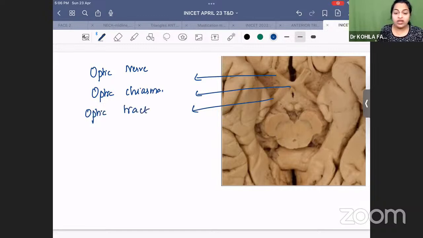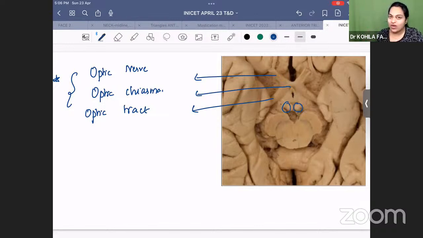So by now you must be thorough with the lesions of the visual pathway, right? So that question is important. This is a very important image, okay? Structures in the visual pathway can be pointed out and they can ask you the corresponding lesion of those areas.